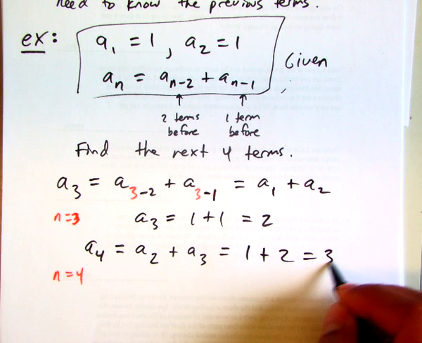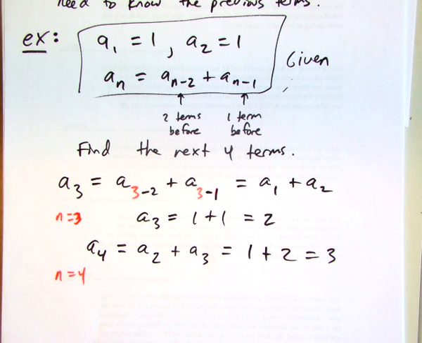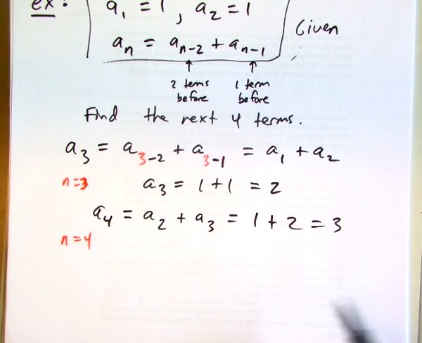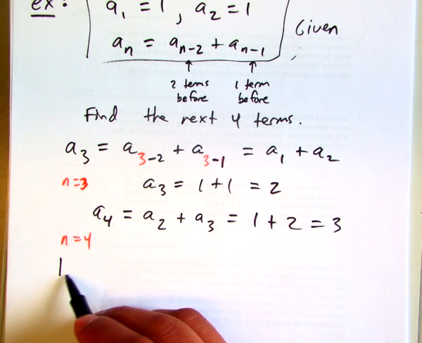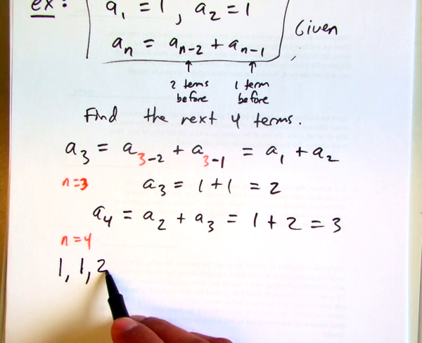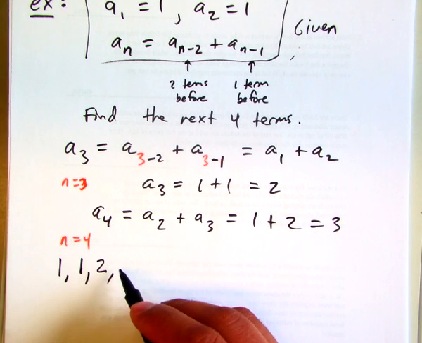Now we get 3. And you can keep going like this, and you'll get the next two terms if you want. Sometimes another option is to just write them out. 1, 1. My third term was 2. My fourth term was 3.